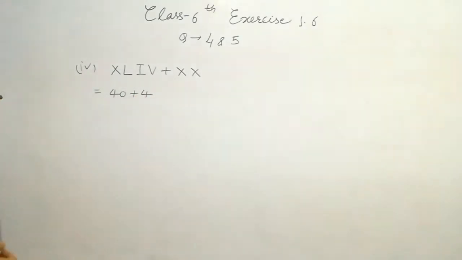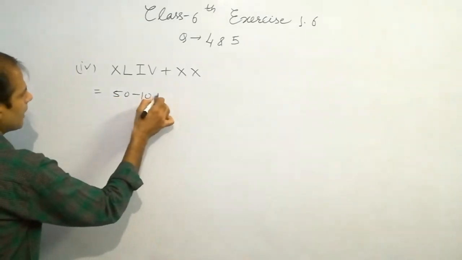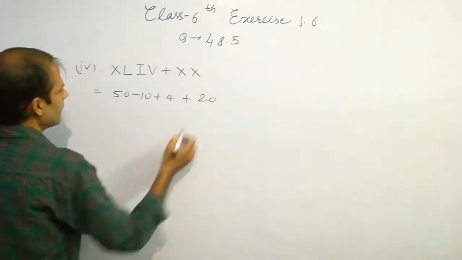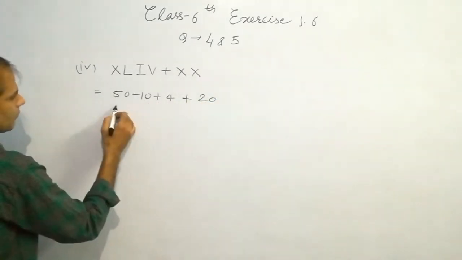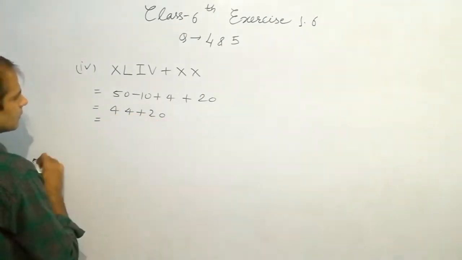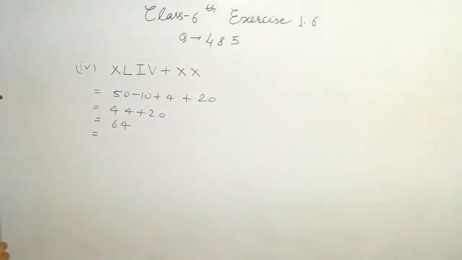You can write in any way. You can also write it like this, 50 minus 10 plus 4, doesn't matter. Okay, plus 10 plus 10, 20. Now it is 40 plus 4, 44 plus 20 and it is 64.